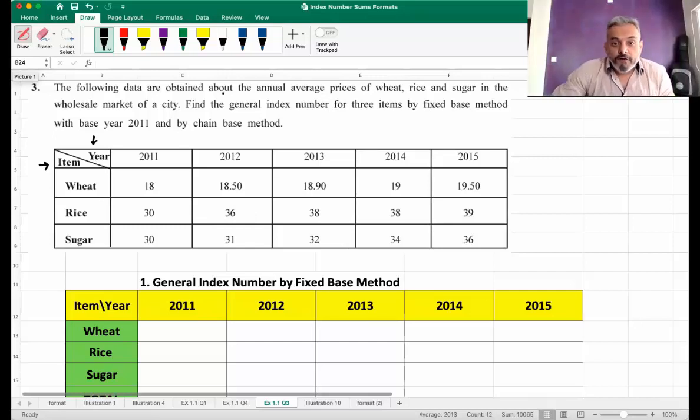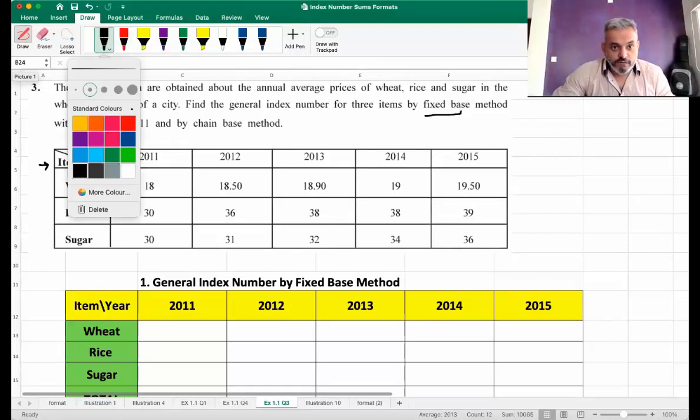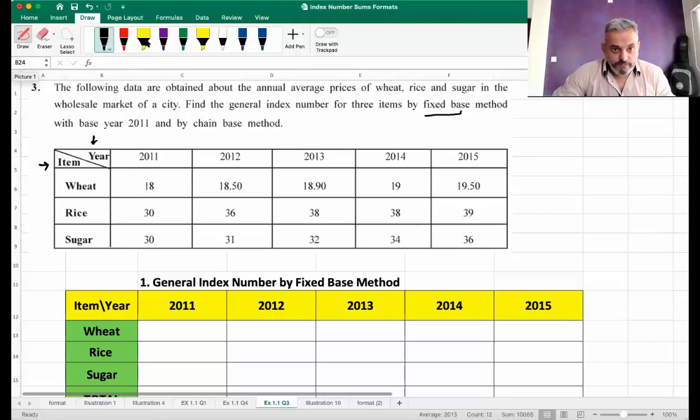Now, first thing is we have to find by fixed base method. So what we will do is we will take base year as 2011 as it is given. Okay, take base as 2011 and second is by chain base. So later we'll do, but for fixed base we take base as 2011.